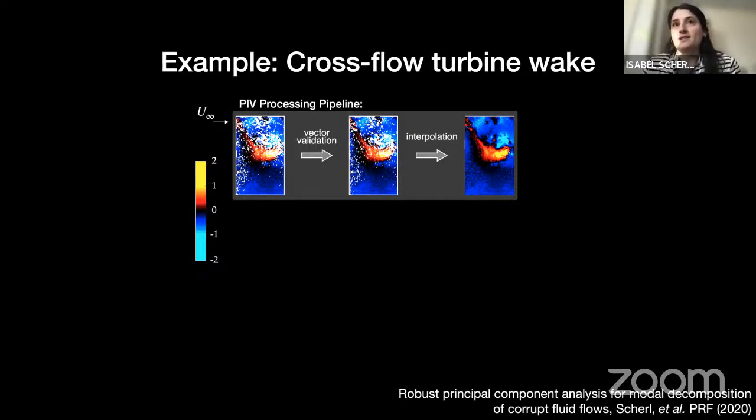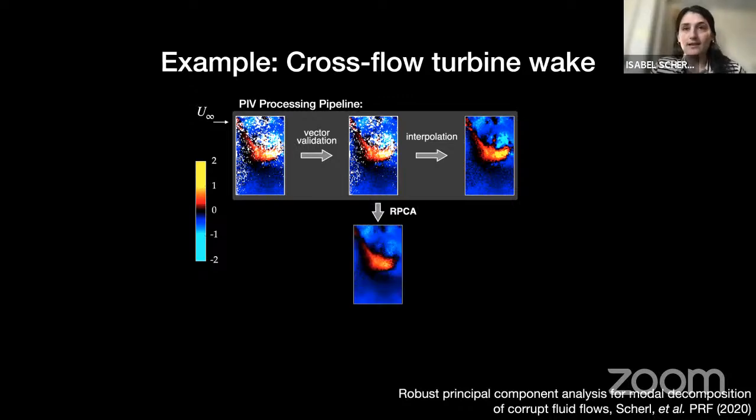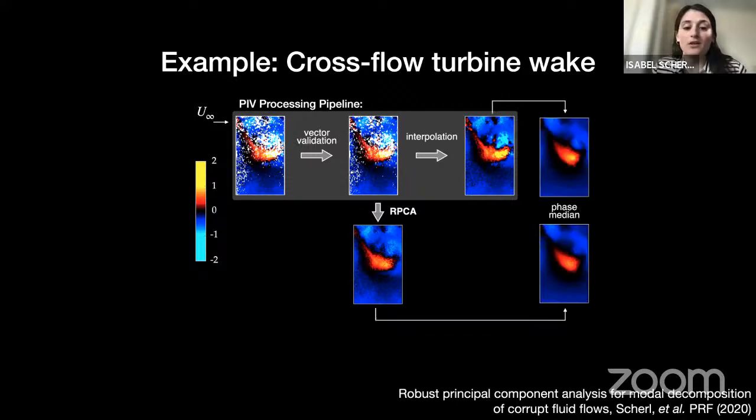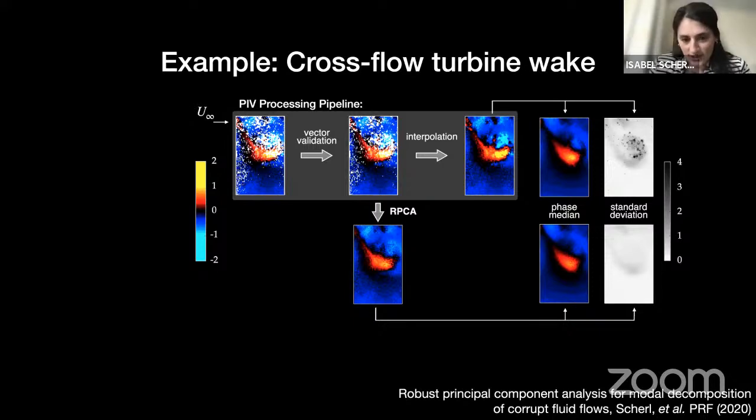So instead, what we're proposing is that you use a global technique instead of a local technique. If you use RPCA instead of an interpolation, you get a really similar phase median field, so we're getting similar results. But where they deviate is the phase standard deviation.